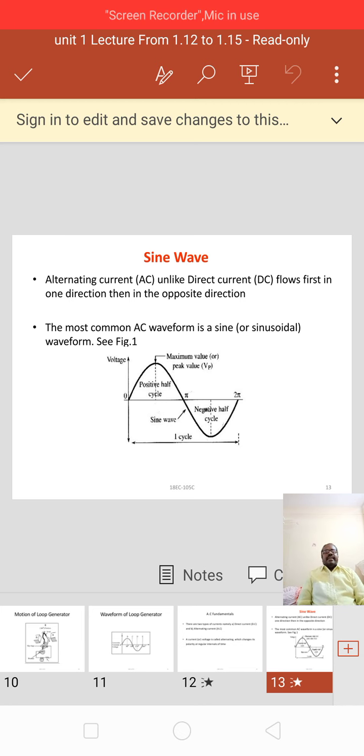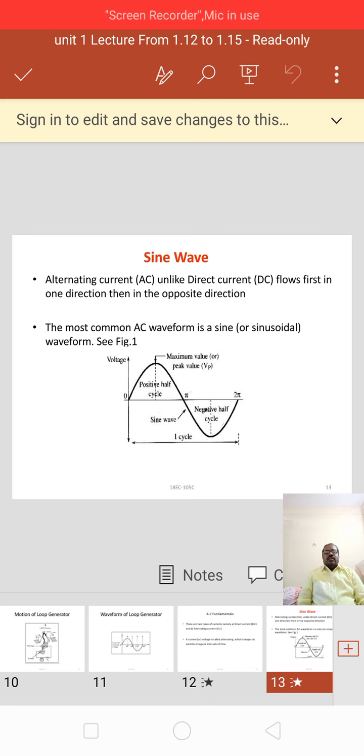Unlike direct current, it flows in one direction and then in the opposite direction. The most common AC waveform is a sine wave or a sinusoidal waveform, which is shown below in this slide. Voltage is shown on the x-axis and time is plotted on the y-axis.